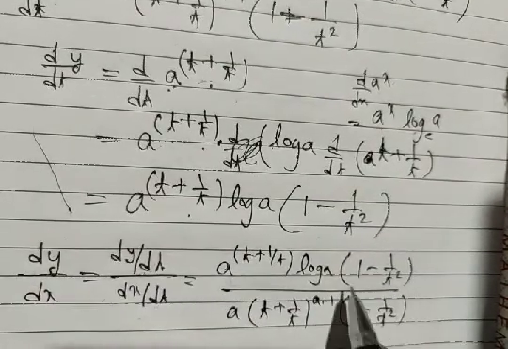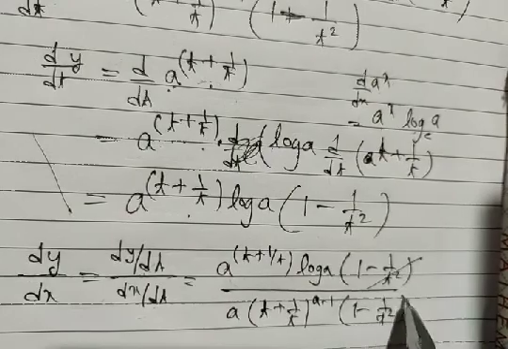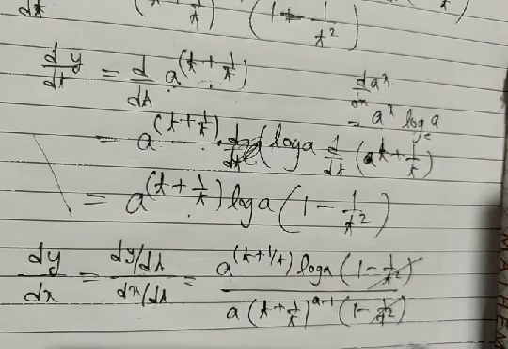Now this is 1 − 1/t², these terms are cancelled out. Then what do we have?